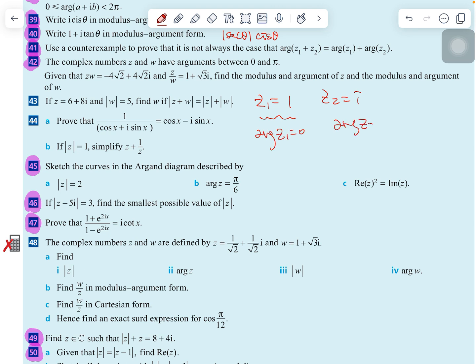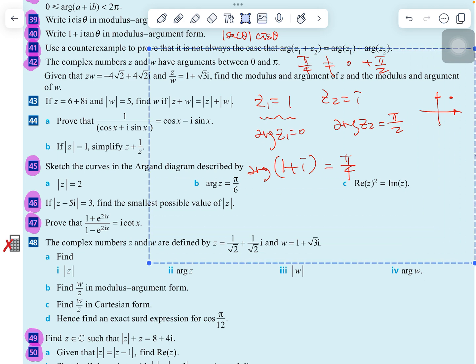The argument of z2 is pi over 2, because 1 is here, i is here. 1 plus i is here, which means the argument of 1 plus i is pi over 4. So the left side is pi over 4 and the right side is 0 plus pi over 2. Those are not consistent, so it is the counterexample.